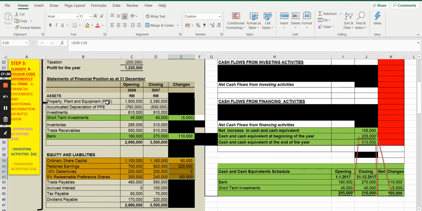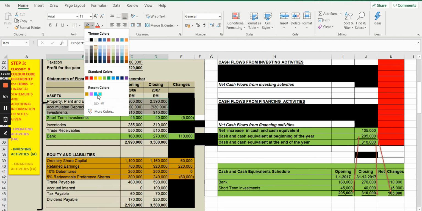Look at the property, plant, and equipment. This is at cost, and this is the accumulated depreciation. Sometimes you are also given a net carrying value or net book value, but here it is at cost. So we color code this as purple.